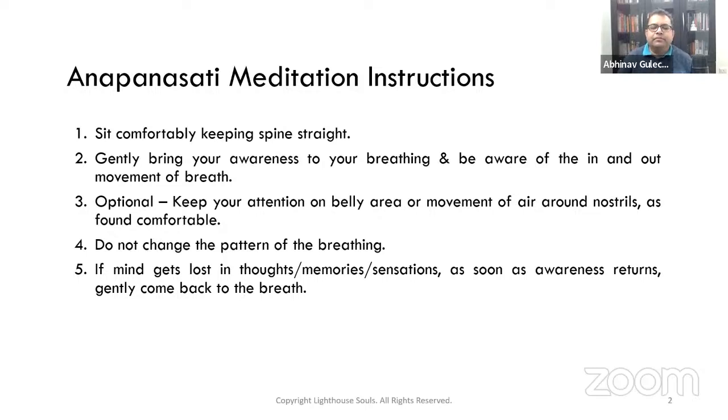Keep the spine straight and gently bring yourself to your breathing. Breath coming in and the breath going out. Full awareness of the breathing.